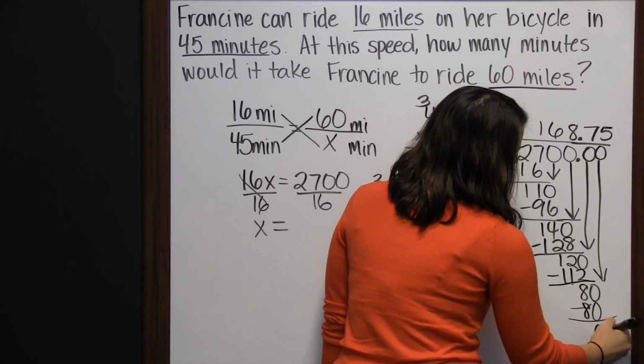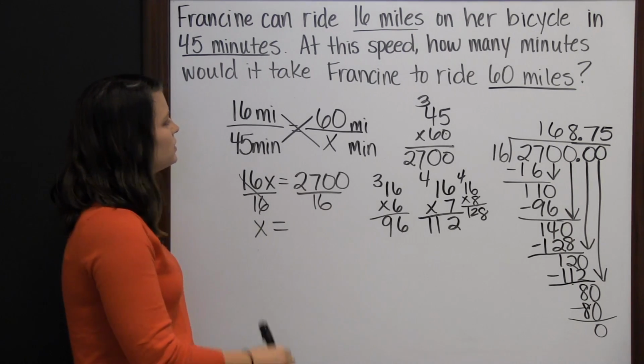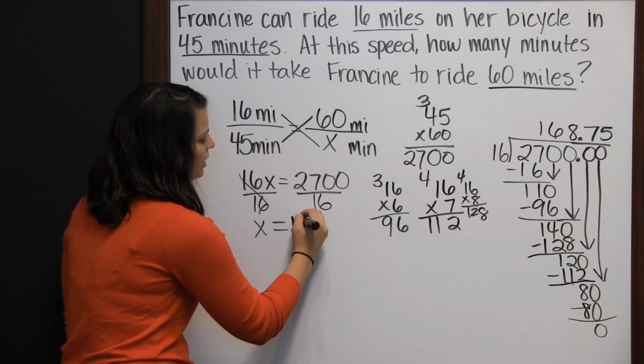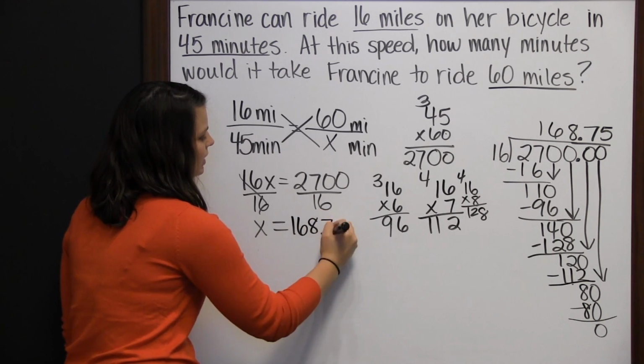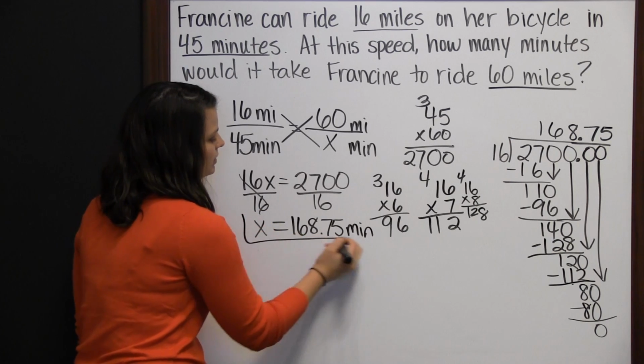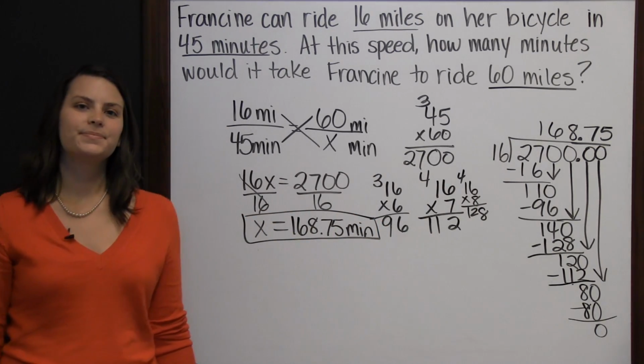So we subtract and we get a remainder of 0. So that means if it took her 45 minutes to go 16 miles, it should take her 168 and 75/100 minutes to go 60 miles. And this is the answer you would grid in.